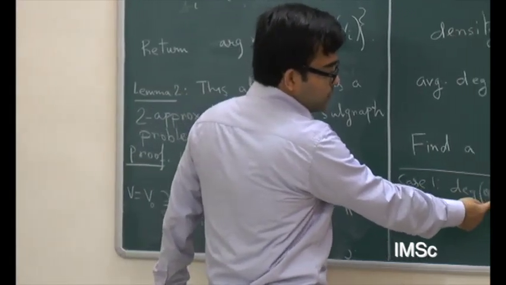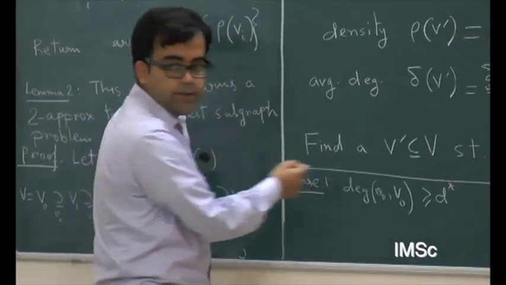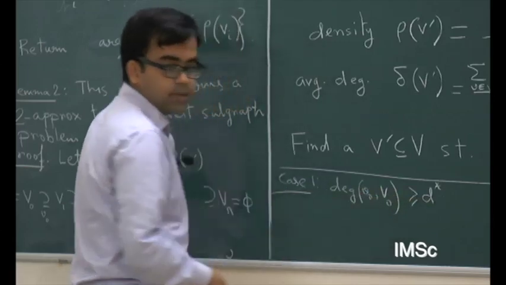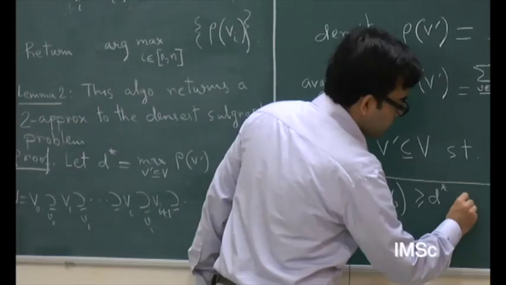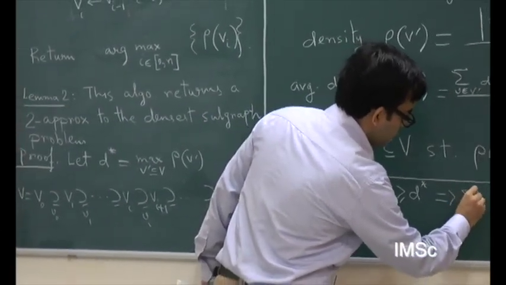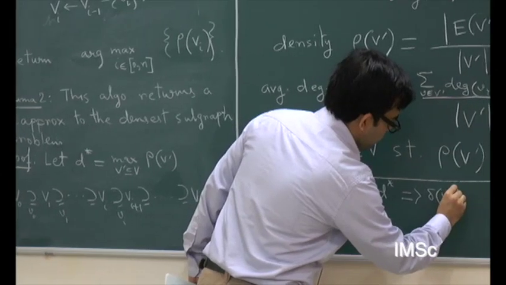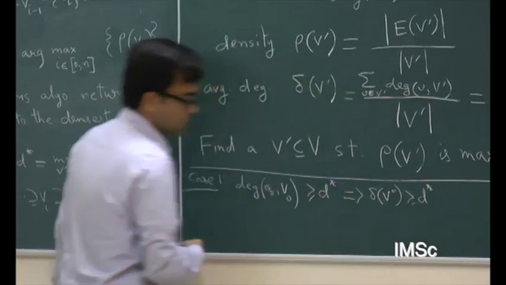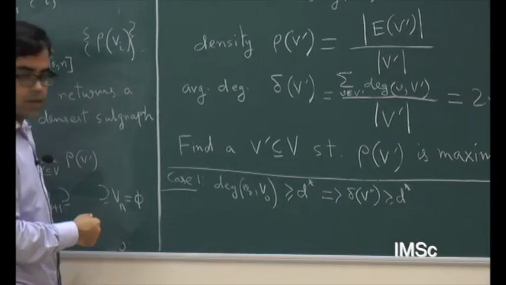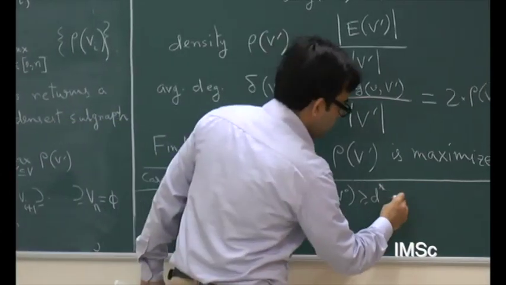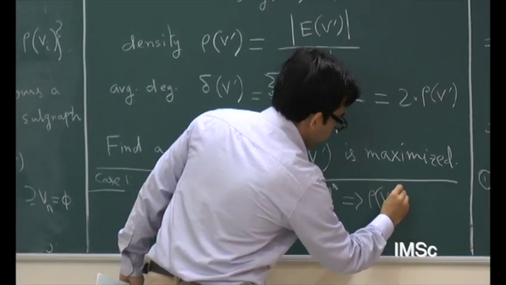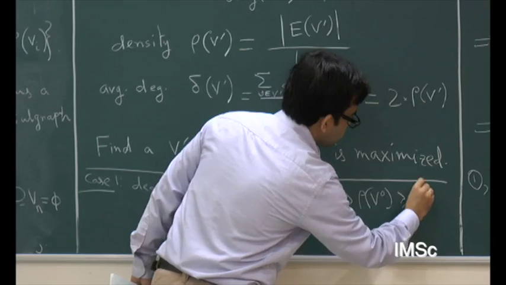Because V0 is the minimum degree node here, so every node in V0 has degree at least D star. That means the average degree in V0 is also at least D star, right? And what does this mean? It means the density of V0 is at least D star over 2.